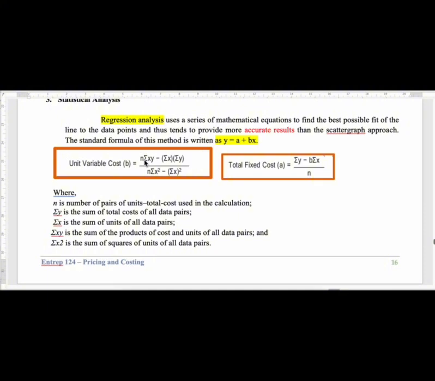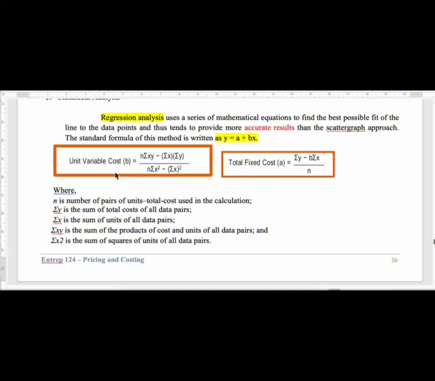So in here, unit variable cost, or b, is equal to n summation of xy minus open and close parenthesis summation of x, then open and close parenthesis summation of y, over n summation of x squared minus open and close parenthesis summation of x with an exponent of 2.